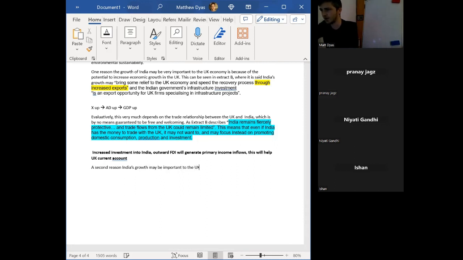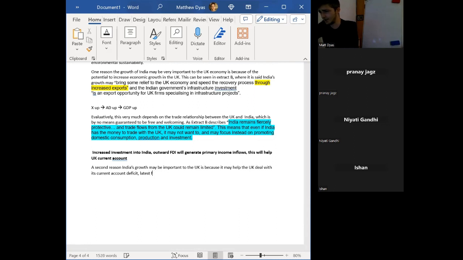I almost said beneficial there, and it's not a million miles away, but again, the question doesn't say is it beneficial. It says is it important to the UK. So I want to use the exact same terminology when I introduce my point. So a second reason India's growth may be important to the UK is because it may help the UK deal with its current account deficit.